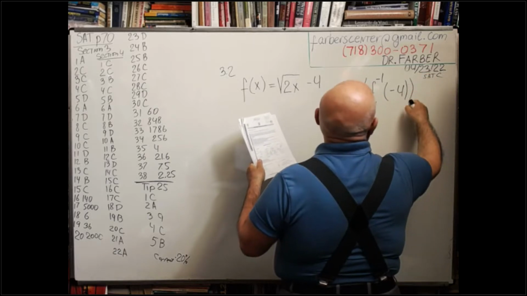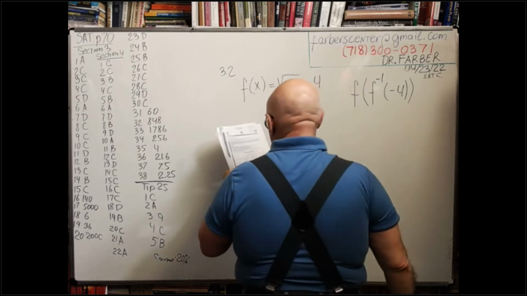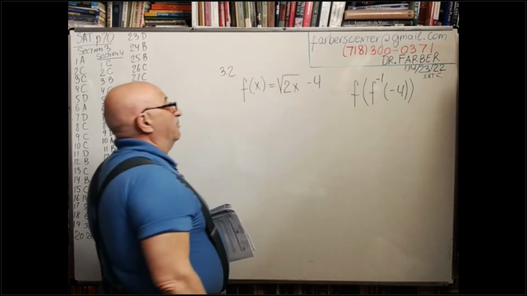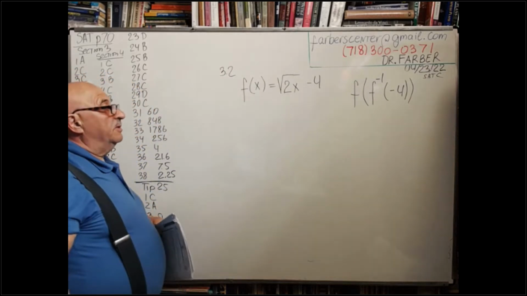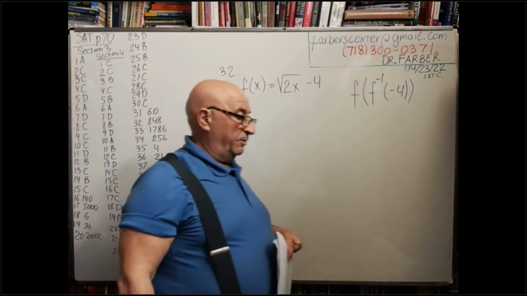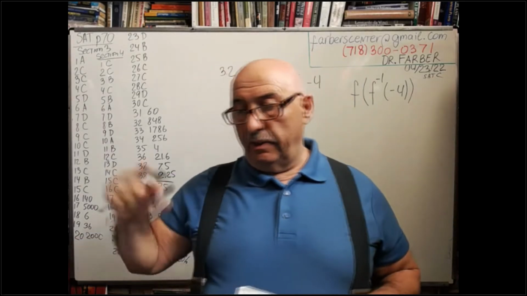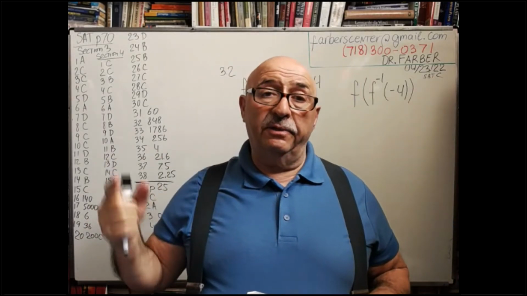Okay, we have two parentheses. You know what is f of negative 1? It's the inverse function, right? You have in your calculator sine negative 1. It's the same as arc sine.